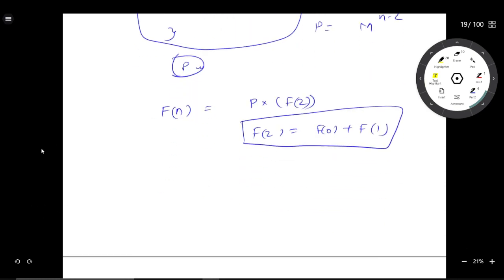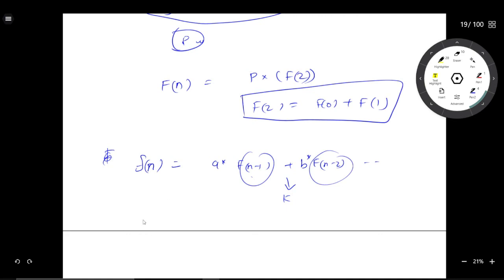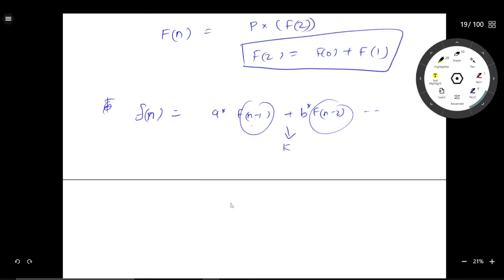Hence we can find any function which is f of n, and which is equal to a into f of n minus 1 plus b into f of n minus 2 up to something, and let there are k variables like 1, 2 and up to k, then we will find a matrix of order k into k.